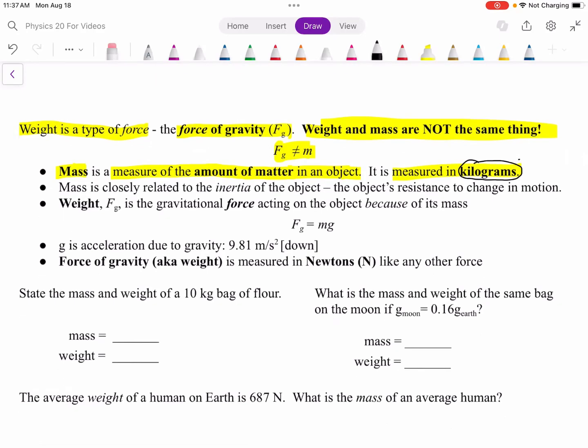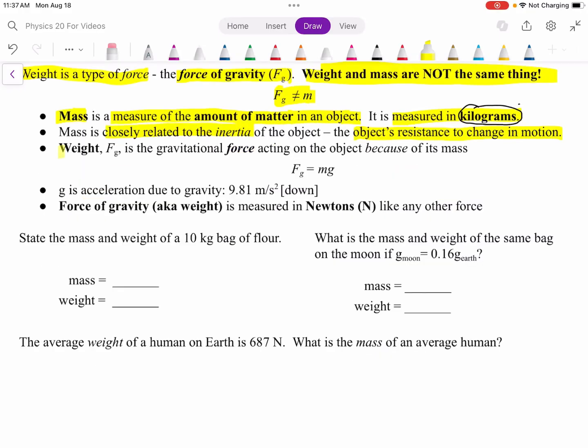So mass is very closely related to the inertia of an object. We talked about inertia earlier, right? It's the object's resistance to change in motion. And we know that because, again, things with more mass, it's harder to change their motion. So things with more mass have more inertia. In fact, you can really look at mass and inertia as kind of being the same thing. Something has inertia because of its mass, okay?